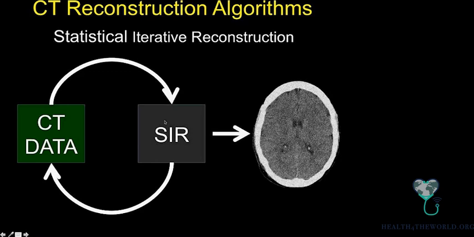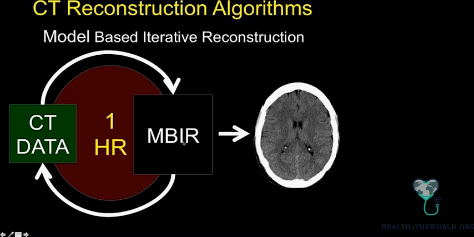It's a bigger black box than filtered back projection, but the biggest black box of all will be model-based iterative reconstruction. This takes about an hour on really fast computers. So you can't get this image, which now that looks pretty good. You started kind of bad, but now your same CT data is looking pretty good, but you had to wait an hour to get it.